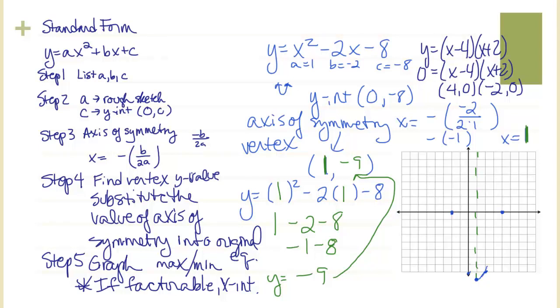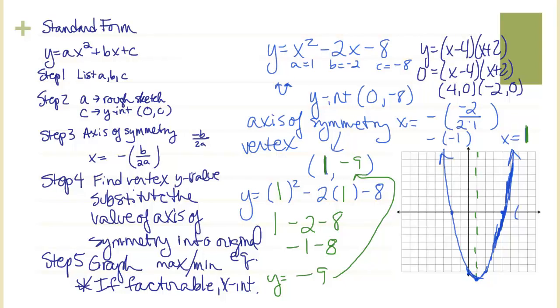So now I have lots of information to graph the parabola very accurately. Okay, so domain would be all real numbers, range would be y is greater than or equal to negative 9.